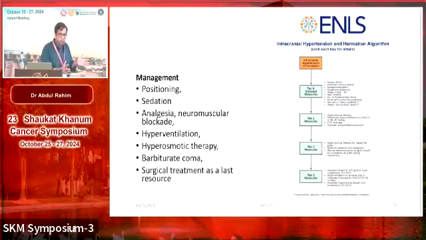Hyperventilation for a few minutes, 10 minutes, 20 minutes is required as recommended by the European societies. Hyperosmotic therapy, mannitol, hypertonic saline, and if things are not in control, barbiturate comas are suggested, and surgical debridement or surgical resection is the treatment depending on the source, depending on the cause.